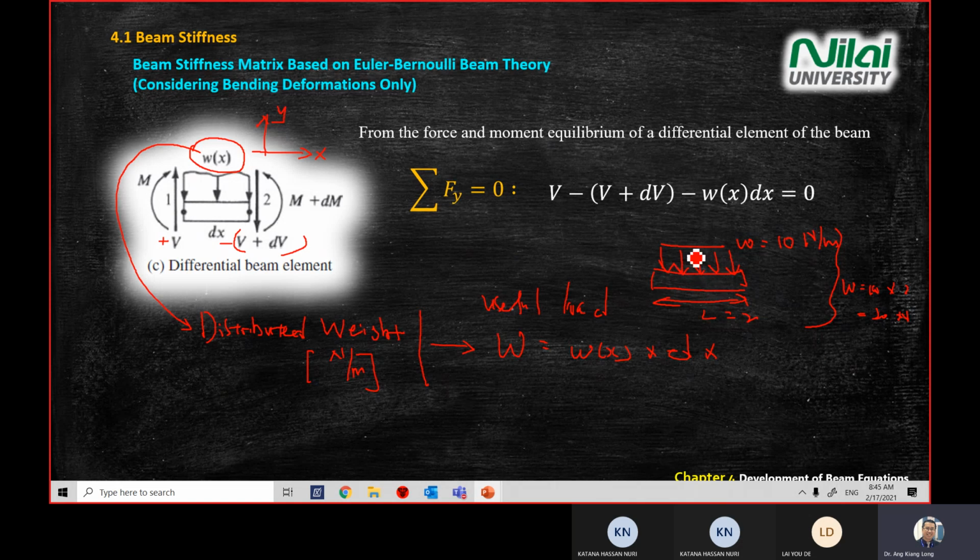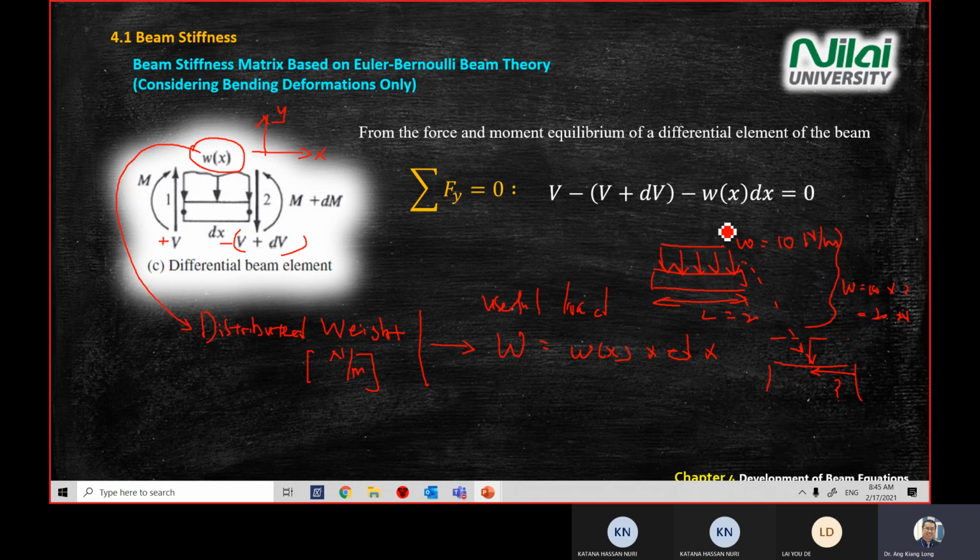And of course, as you learn in your statics or dynamics, you can assume that your distributed load becomes a focus load, and you need to find the location of the focus load. You can convert a distributed load, assume it as a focus load. Before you assume it as a focus load, you need to take the small w times the L or dx. You get the loading on the structure.